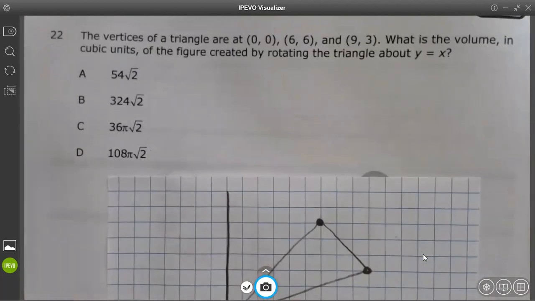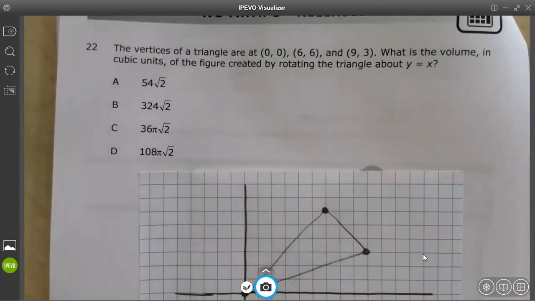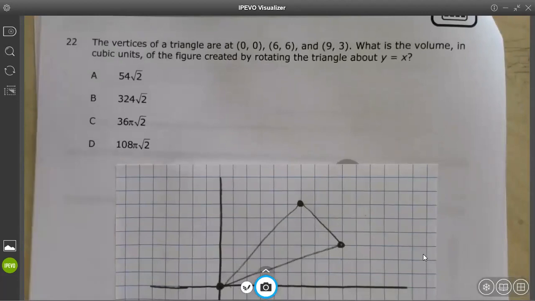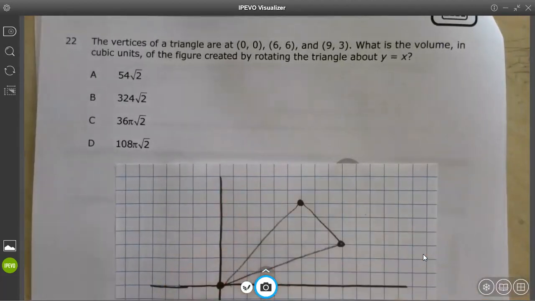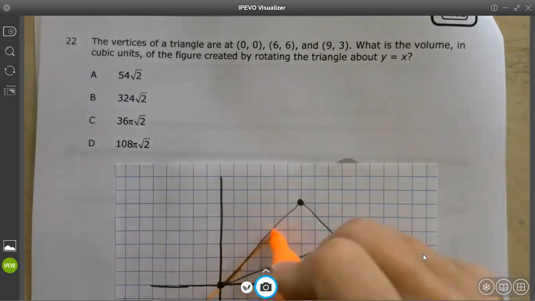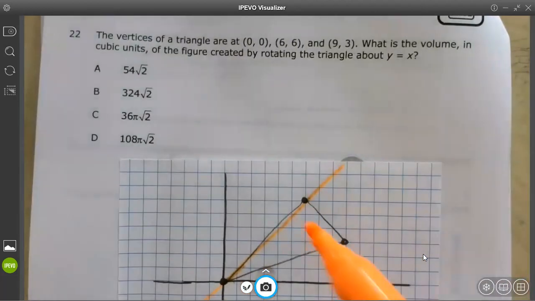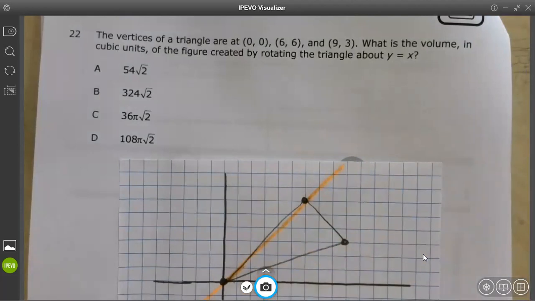The vertices of a triangle are at 0, 0, 6, 6, and 9, 3. What is the volume in cubic units of the figure created by rotating the triangle about y equals x? Y equals x is going to go right, and I didn't draw my line very straight, is going to go right through there.